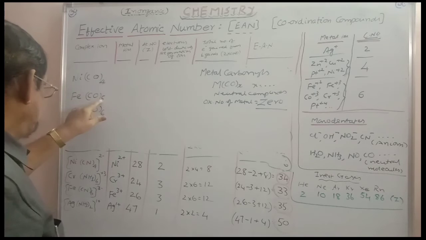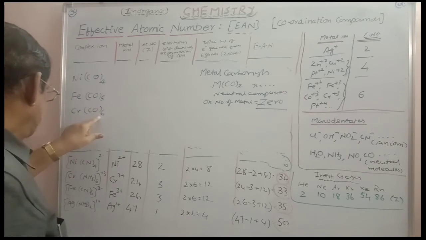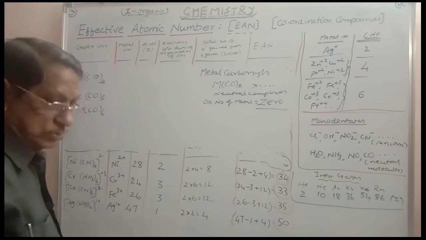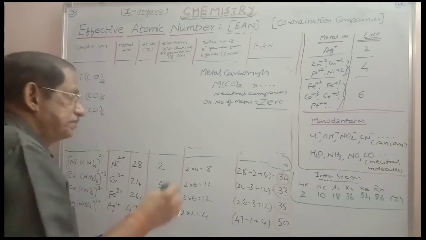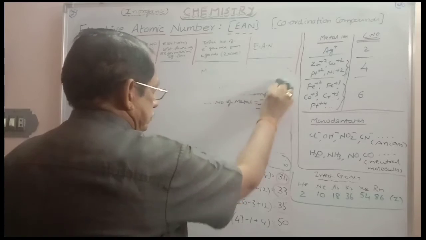Tetracarbonyl nickel, pentacarbonyl iron, hexacarbonyl chromium. So these we have to calculate the effective atomic numbers. Let us see. Here the metal, nickel, atomic number 28. Electrons lost during the ion formation 0, because its oxidation number is 0.